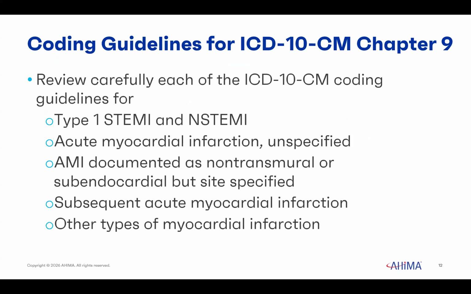And again, there are very specific guidelines for type 1 STEMIs. These can be described as type 1 STEMI and non-STEMI, acute myocardial infarctions, unspecified, AMIs documented as non-transmural or subendocardial, but site specified, subsequent acute myocardial infarctions, and other types of myocardial infarctions.